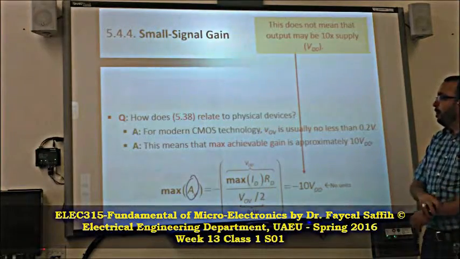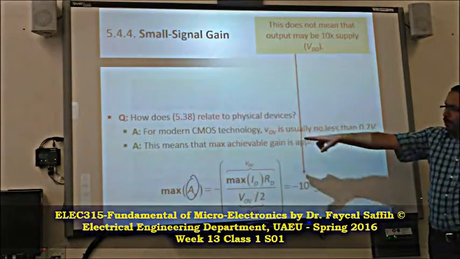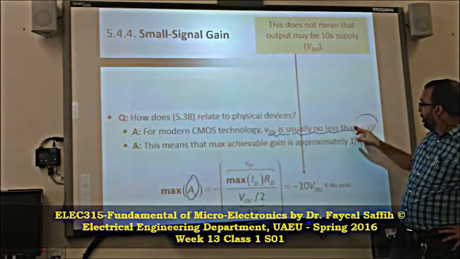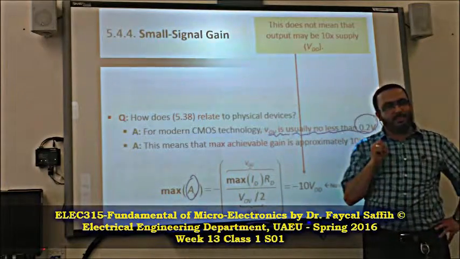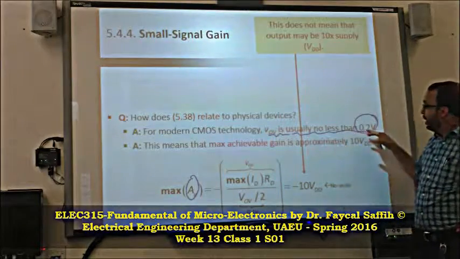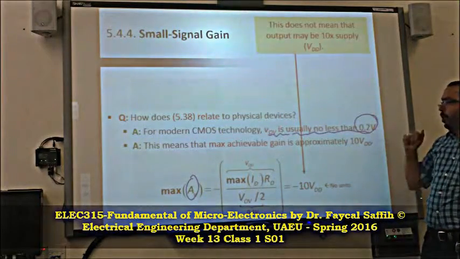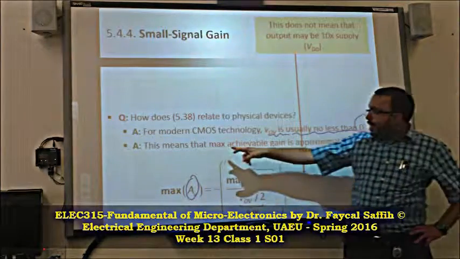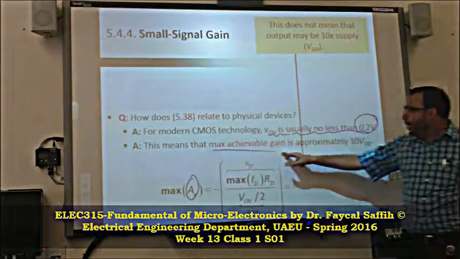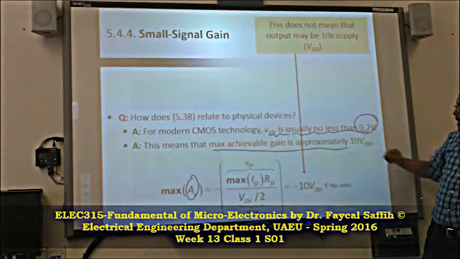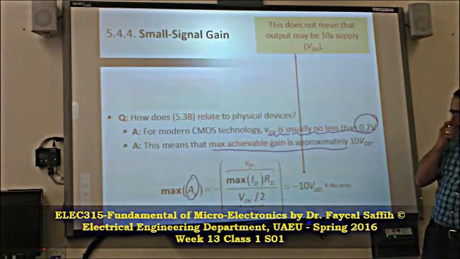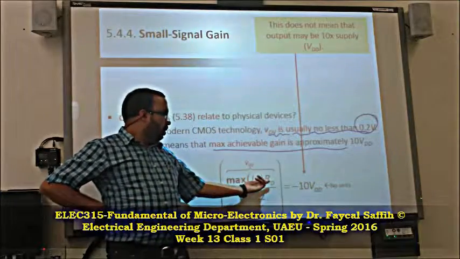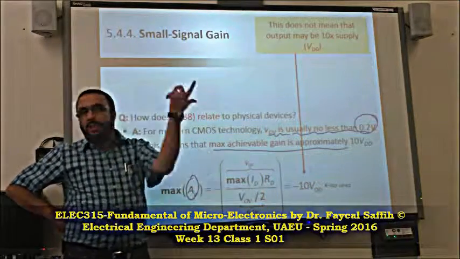In modern systems, the overdrive is usually no less than 0.2 volts. It's not really that big. So this is the typical value of the overdrive. This means that the maximum achievable gain is approximately 10. Why is that? Because the maximum voltage drop across RD is actually VDD, yes or no?